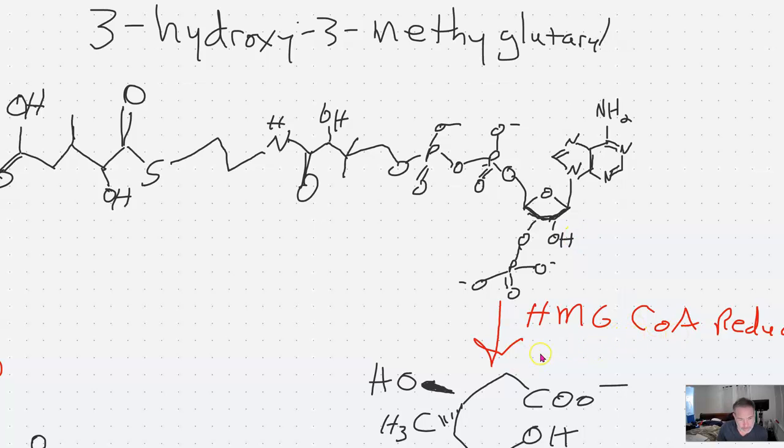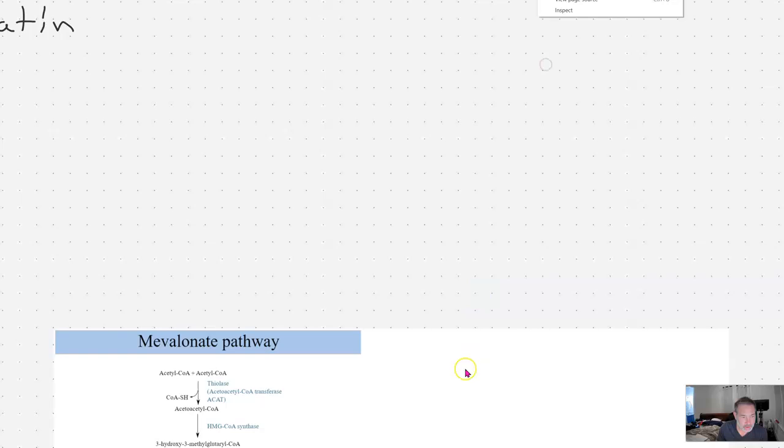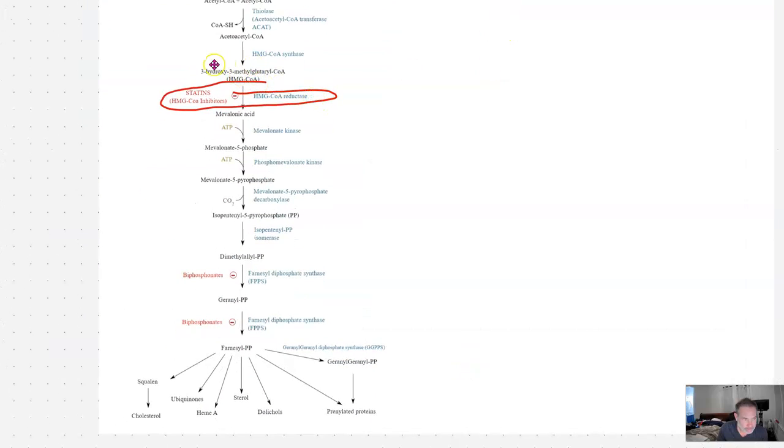It is reduced by HMG coenzyme A reductase, so that's reduced to form the mevalonate. So here are the structures in the path that correlate basically to this step and getting us going down here. So let's go back to where the drug is going to interact.